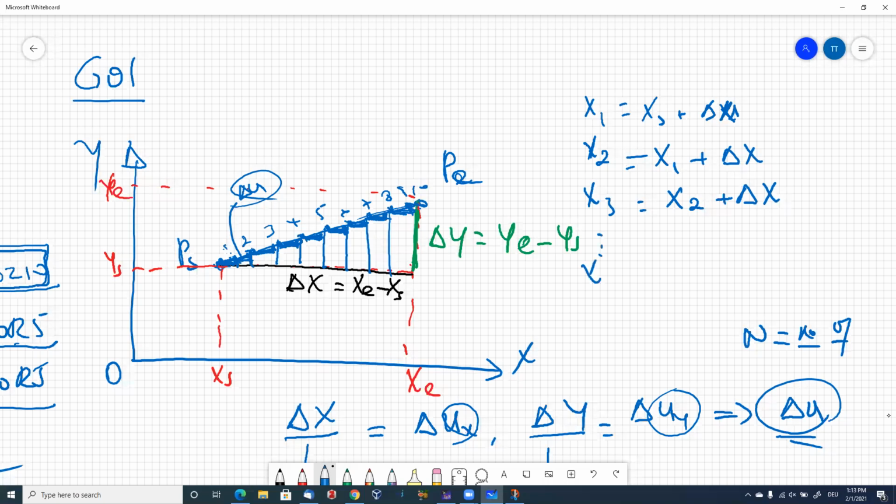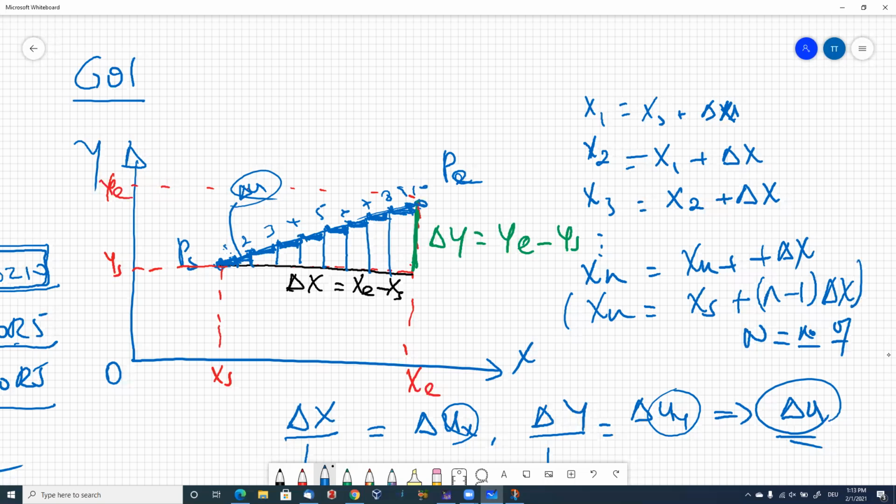Then I could write Xn equals Xn minus 1 plus delta x, or Xn equals XS plus n minus 1 delta x. Is it true or wrong?